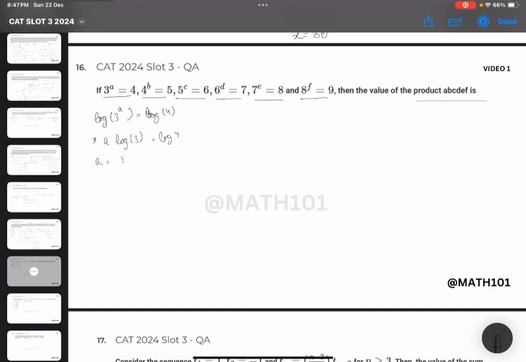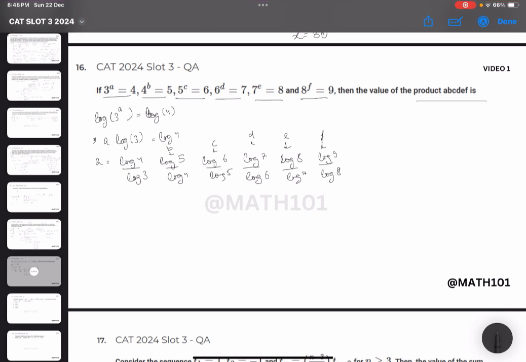A equals log 4 by log 3. Similarly, B becomes log 5 by log 4. C becomes log 6 by log 5. D becomes log 7 by log 6. E is log 8 by log 7. And finally F is log 9 by log 8.